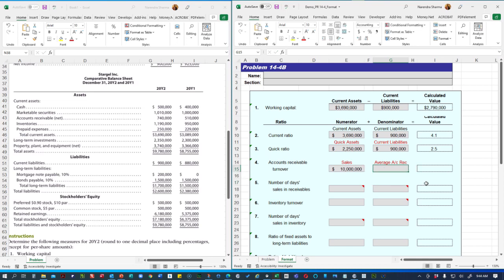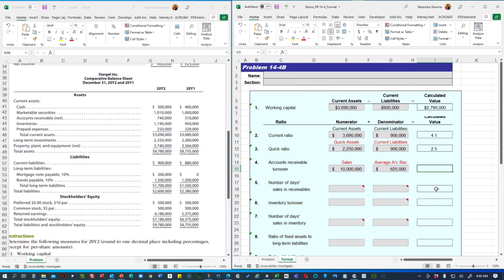So that's going to be equal to 740,000 plus 510,000, close the parenthesis, divided by 2. So that's 625,000. Excel doesn't like us to type the comma, so that's why that was the error previously. Anyway, we got that.